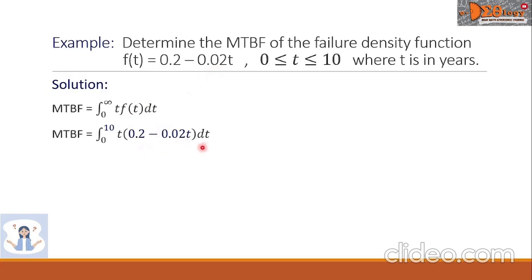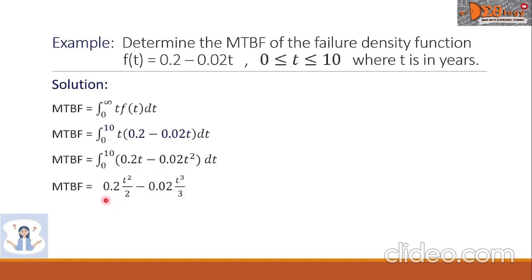Then dt. Let us simplify first by getting the product of this variable t with the function f of t. So we have now this 0.2 times t minus 0.02 t squared. Now let us do the integration. This 0.2t becomes 0.2 times t squared over 2 minus this function here becomes 0.02 times t cubed over 3.